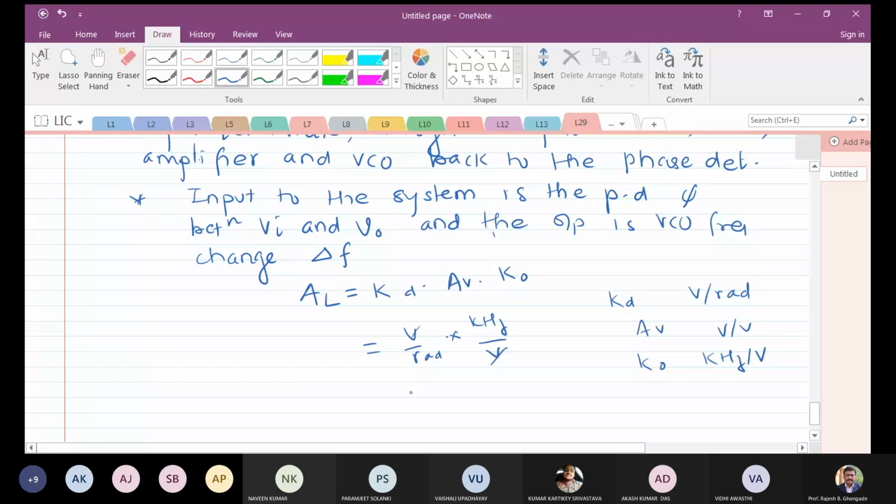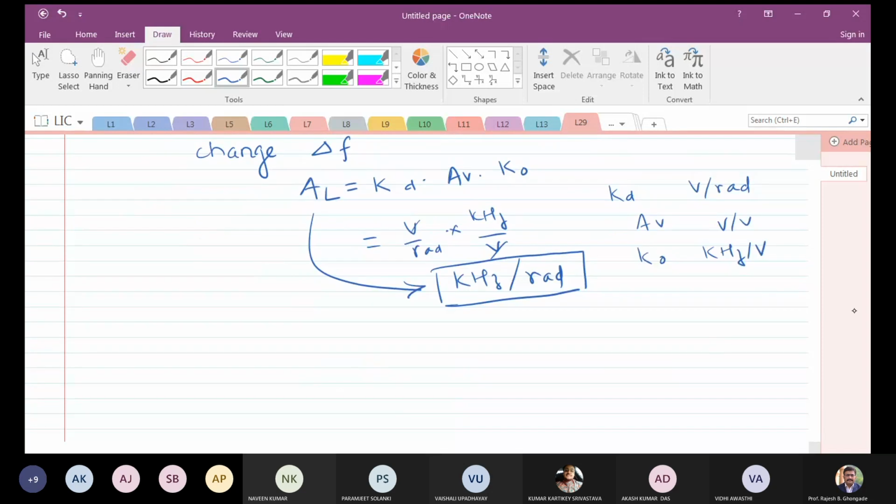So the units are going to be kilohertz per radian. This is going to be the unit for the overall loop gain. Okay?